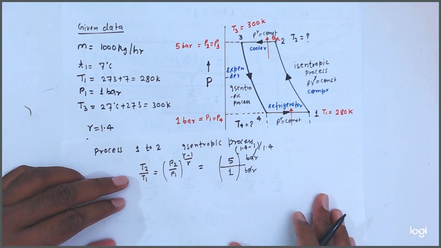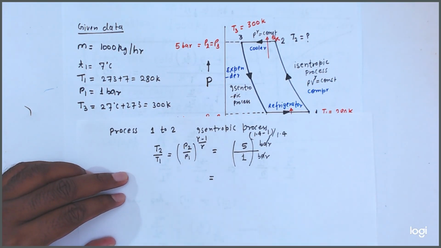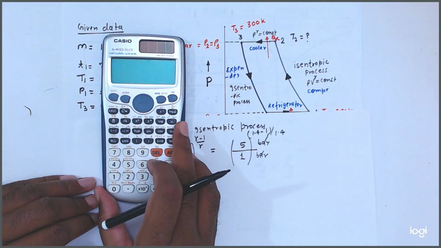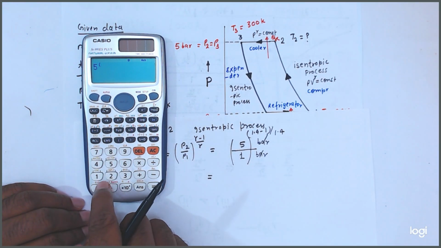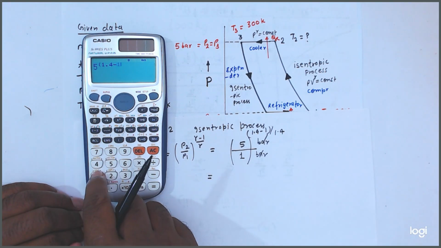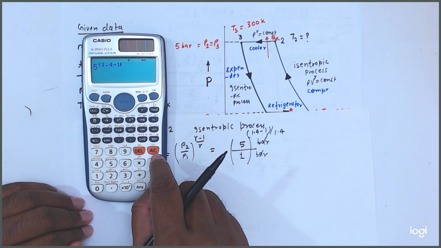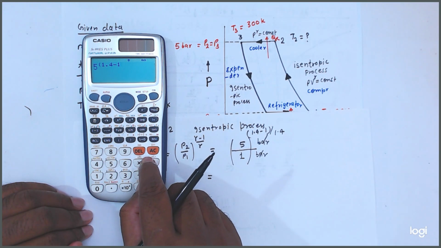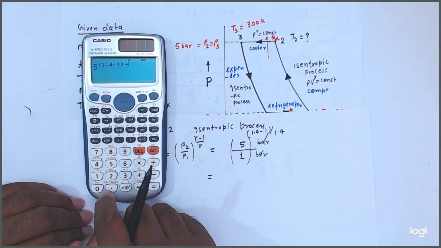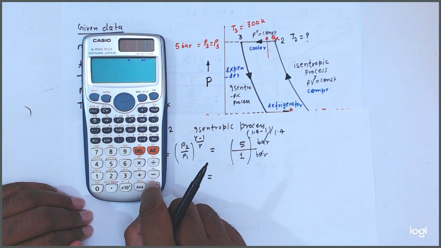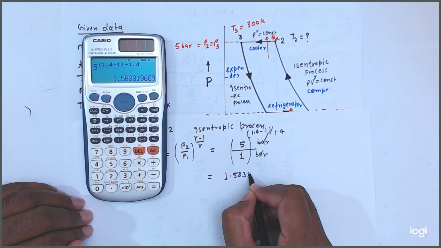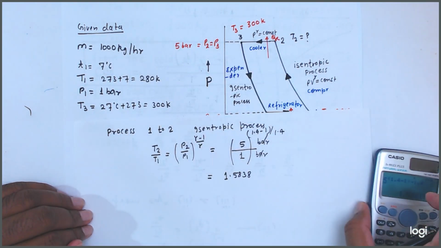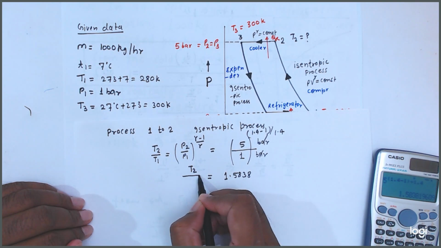So, friends, how much value will we get here? 5 to the power (1.4 minus 1) divided by 1.4. So it will come 1.5838.